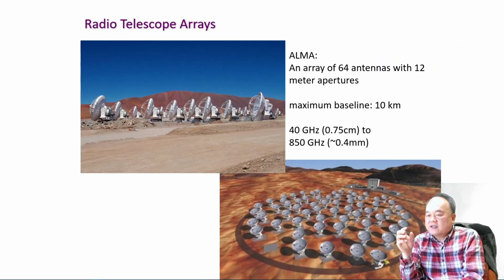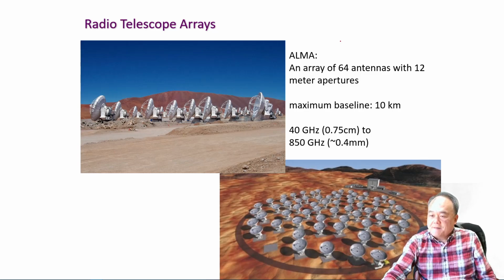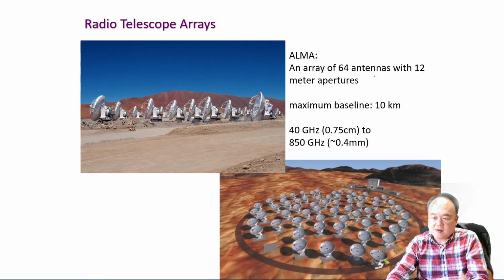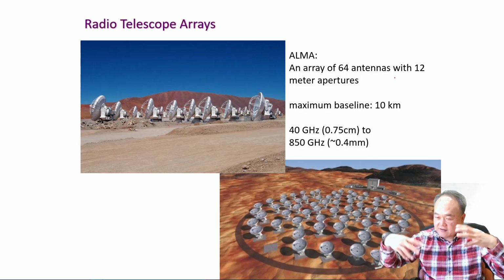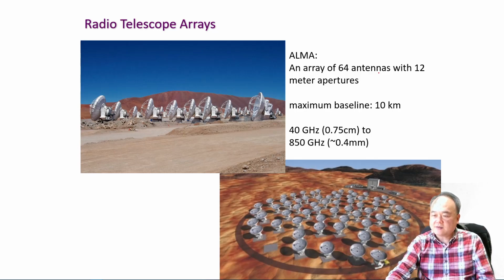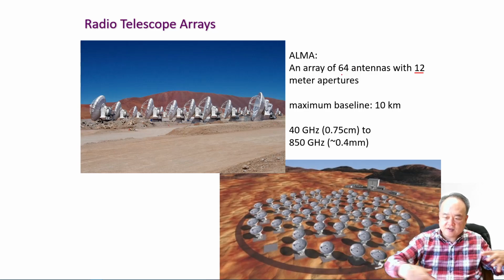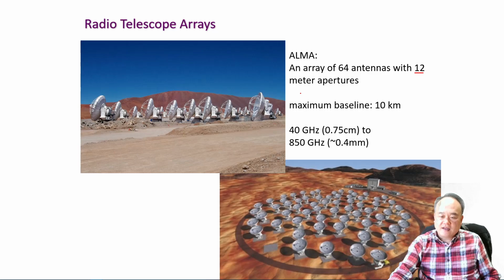More recently, several years ago, in the very dry desert of Chile, above 16,000 feet above sea level, they put 12 meter radio dishes, 64 of them, arranged in the Atacama Desert.